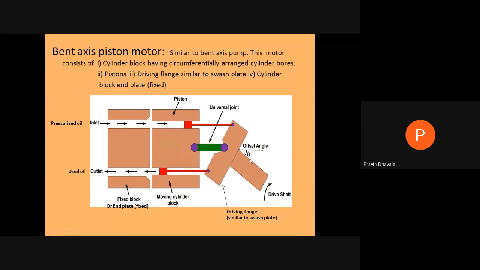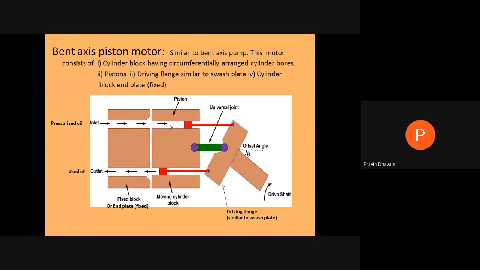In a pump, we are converting the rotary energy of the shaft, which is one kind of mechanical energy. And that rotary motion of the shaft will be converted into pressure energy. We are getting high pressure fluid over here, where low pressure fluid from the reservoir will be sucked within the cylinder when the piston is moving to the outward position.